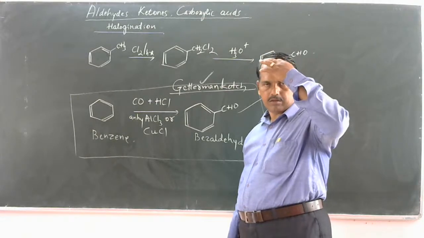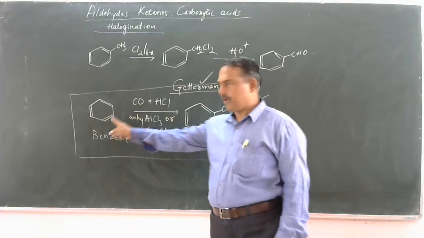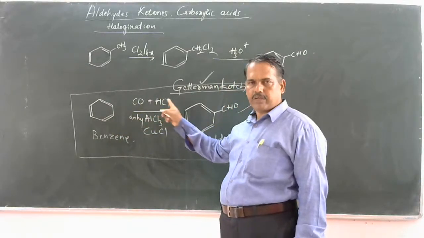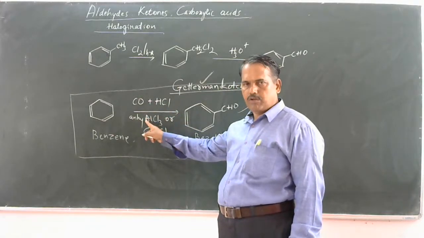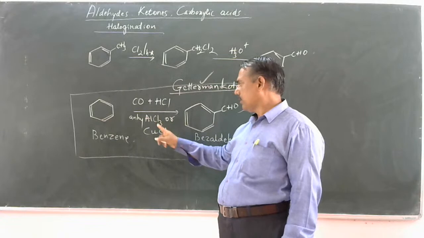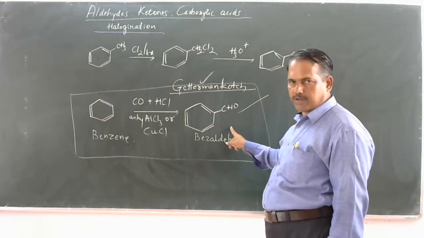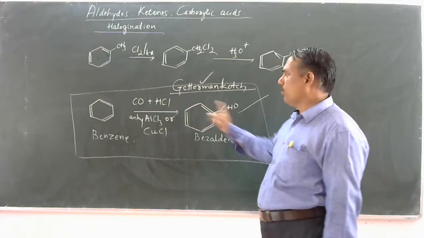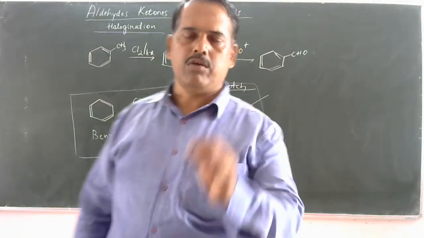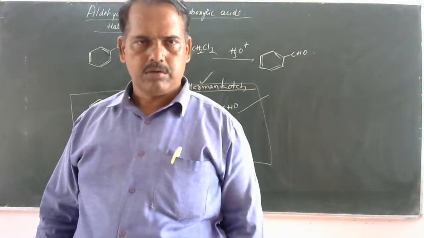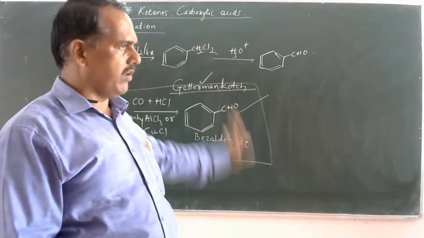Are you clear? See, a very simple reaction. No need to write any intermediate step. Very easily, directly you have to write the reaction. Are you clear? Okay, that is called the Gattermann-Koch reaction.